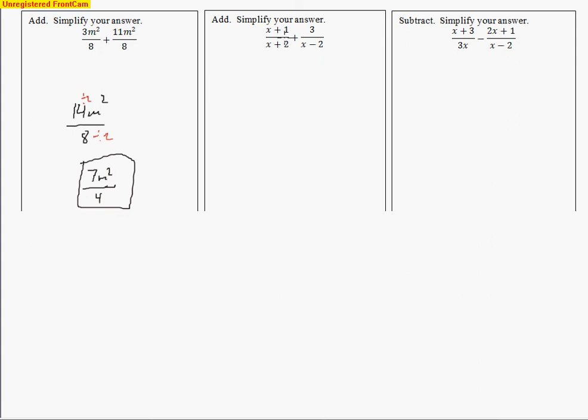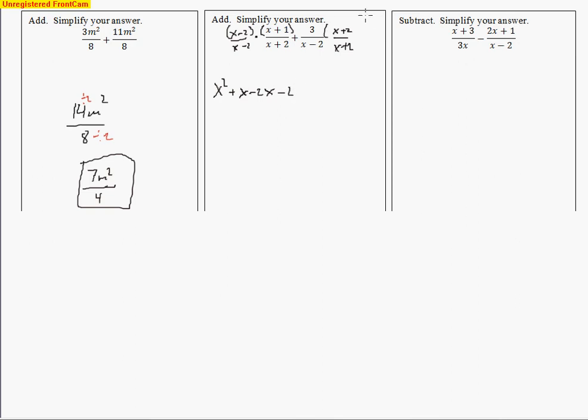On this one, I almost have the same denominator, but not quite. So I need to multiply the left-hand side by x minus 2 over x minus 2, and the right side by x plus 2 over x plus 2. So I have to use FOIL when I multiply out the two binomials. So I get x squared and then a positive x, a minus 2x, and a minus 2.